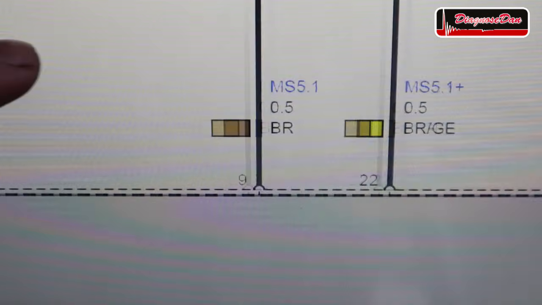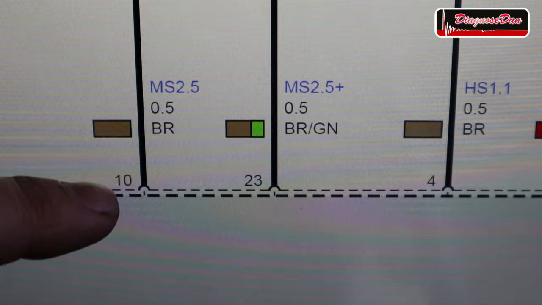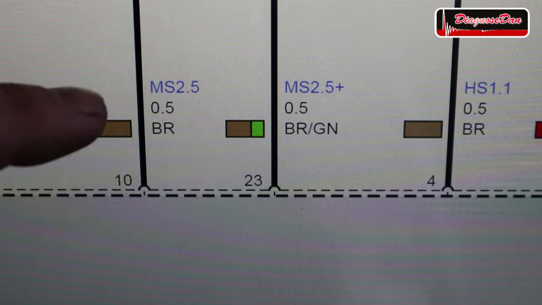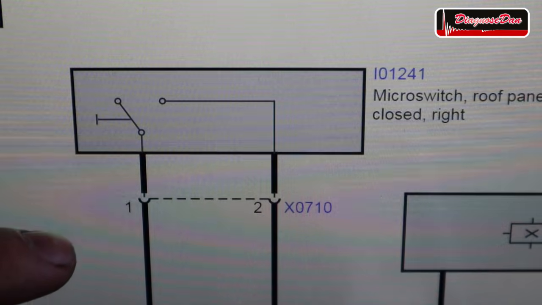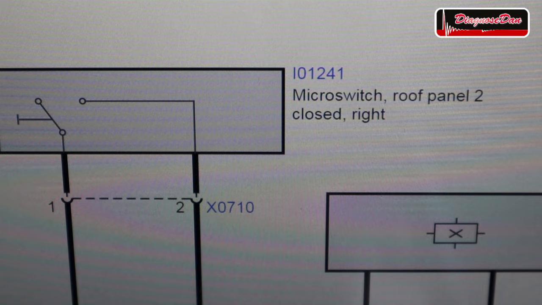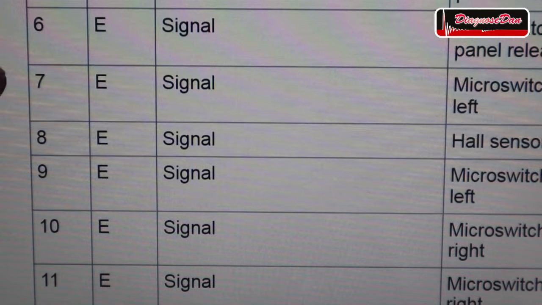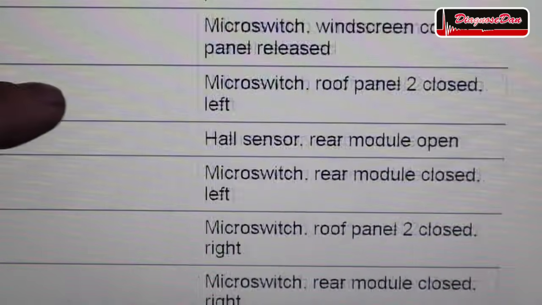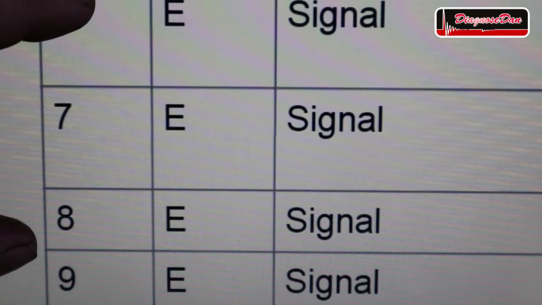Our known good right-hand side micro switch is connected to the module on pin 10 and 23 by a brown and brown-green wire. Let's also take a look at the pinouts. In this diagram, we can see that the signal for our left-hand side micro switch can be found on pin number 7.